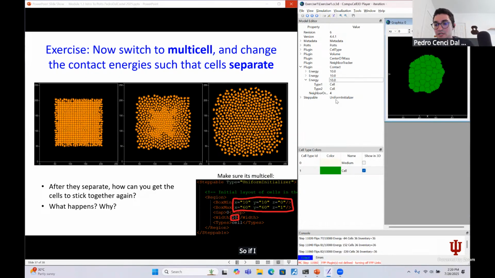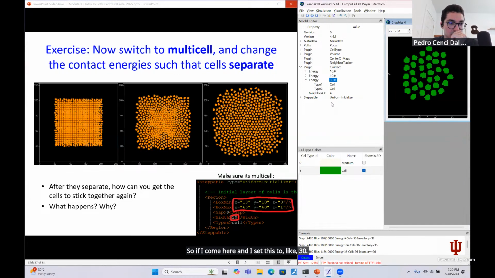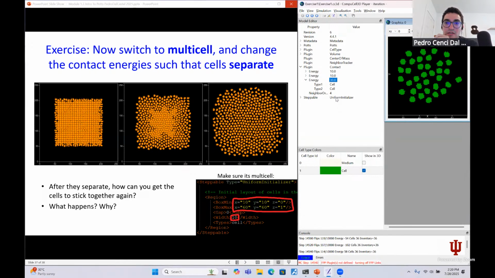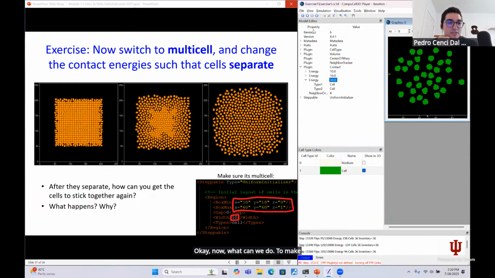So if I set this to like 30, then the cells spread out, just by setting a high contact energy there. Okay. Now, what can we do to make the cells stick back together once again? I want you to try that on your side and tell me what you find. What happens when you try to revert the change?